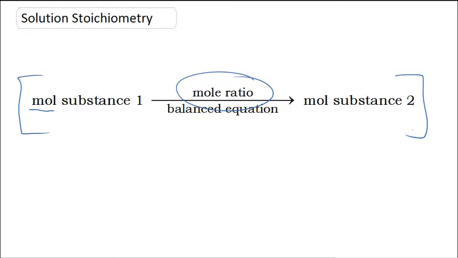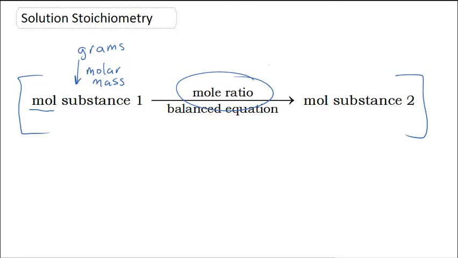Now, let me remind you of the type of stoichiometry we've worked so far. A lot of times we would start with grams of substance. A lot of times we were dealing with solids. And if we have a solid, the way we would measure out that amount of substance would be to weigh out its mass, typically in grams. So you might have to convert to moles first. And we know how to do that, right? We would use the molar mass of the substance to convert to moles.